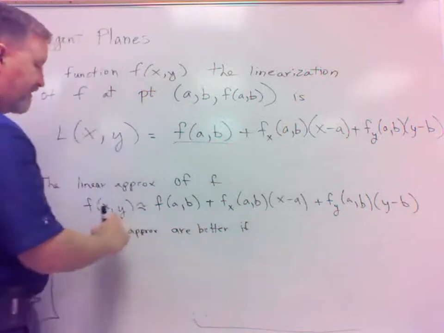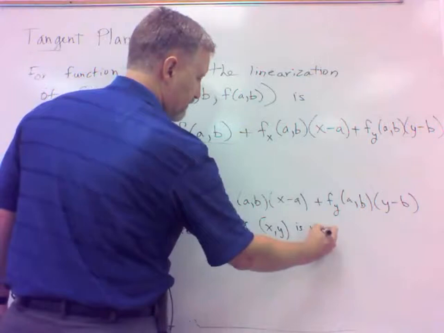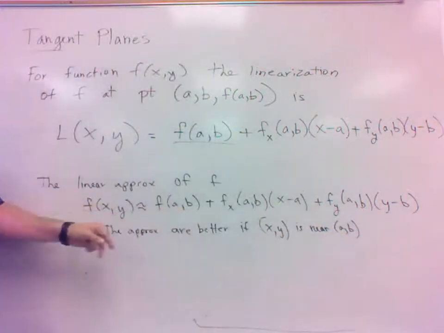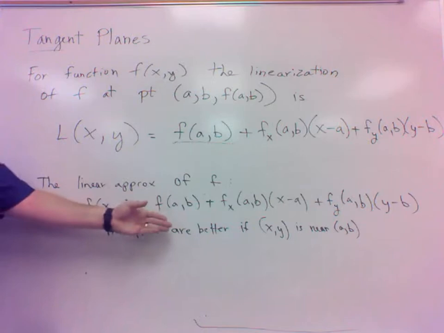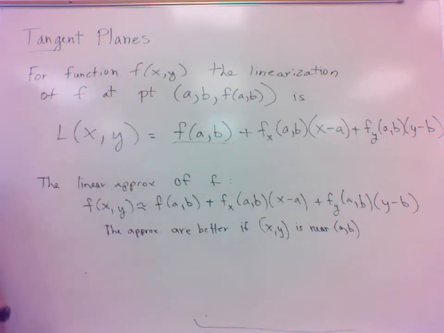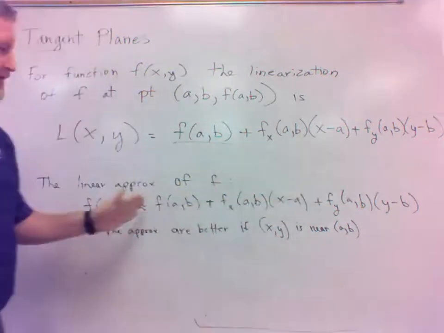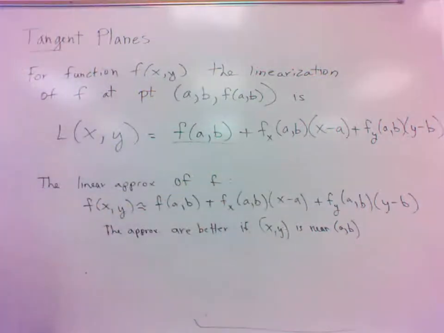If (a, b) is (1, 1) and you try to do the approximation at (-5, 7), that's probably not going to be too good, right? But as long as (x, y) is near (a, b), this linearization is going to give you a pretty good approximation.